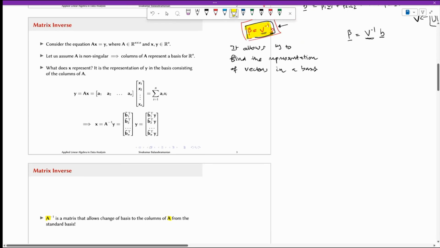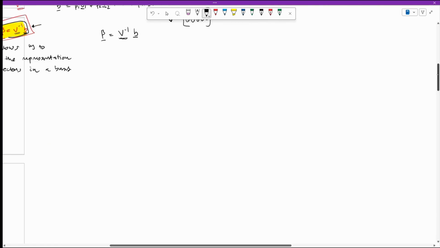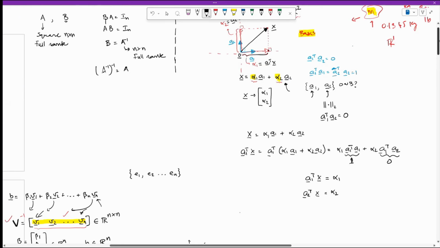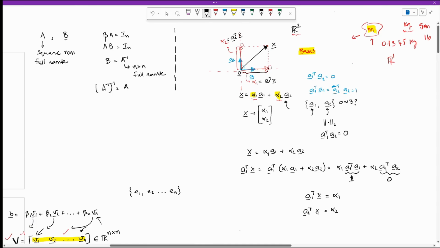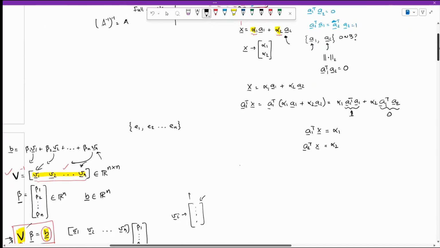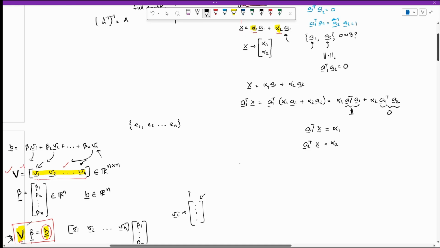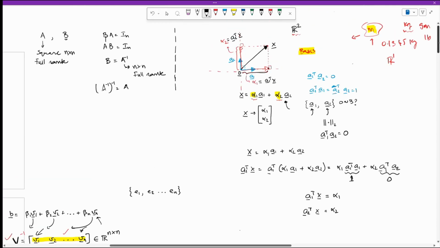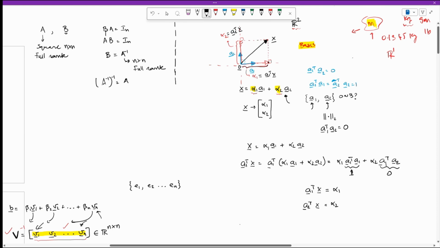Right, so we'll dig a little deeper into this. Let's go back to our example here. So here we were considering an orthonormal basis.